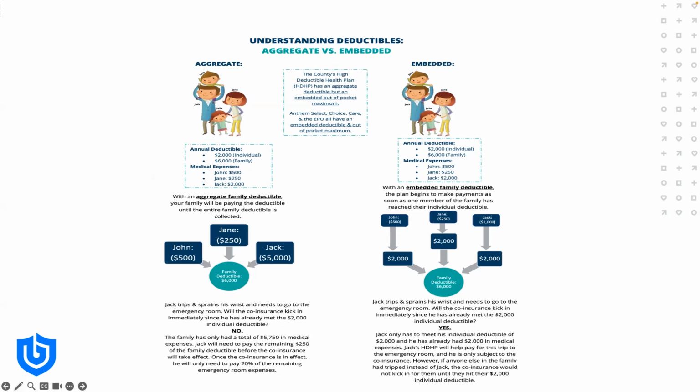So in the aggregate or non-embedded example, Jack has met $5,000 of his deductible out of the $6,000 family deductible, and that leaves Jane and John to pick up the rest. But it will not start covering for the co-insurance until the $6,000 family deductible is met. It doesn't matter if it's 1 person or 3 people on an aggregate or a non-embedded deductible.